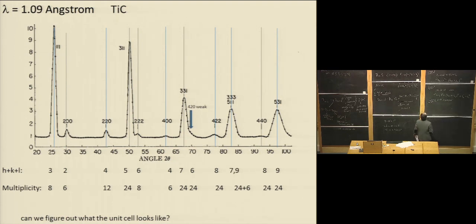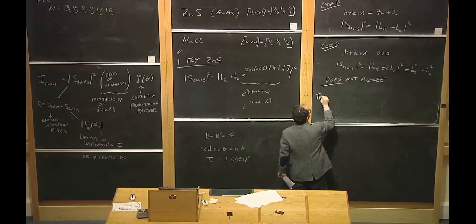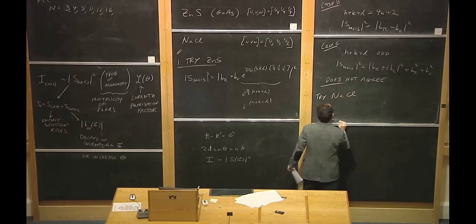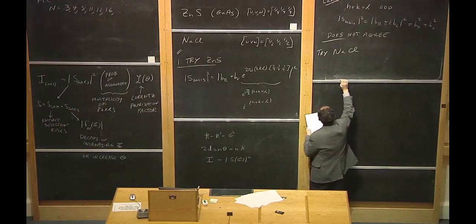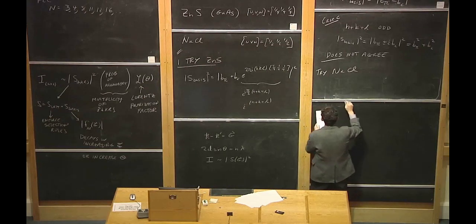Well, we can try something else. We can try the sodium chloride structure. In which case, we have, well, I wrote it over here somewhere. Yep, over there. It's 1/2, 1/2, 1/2.